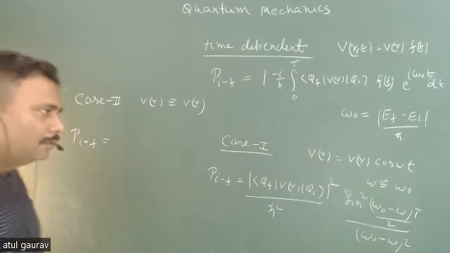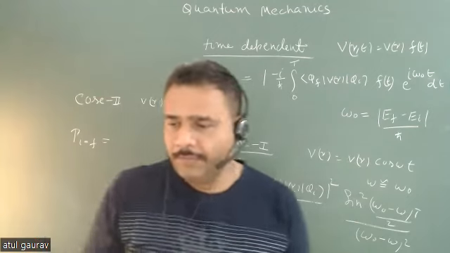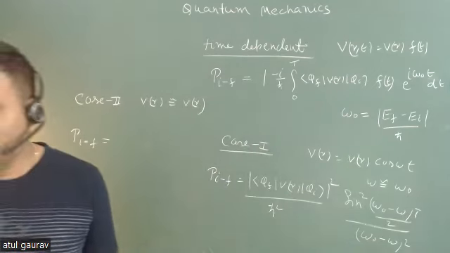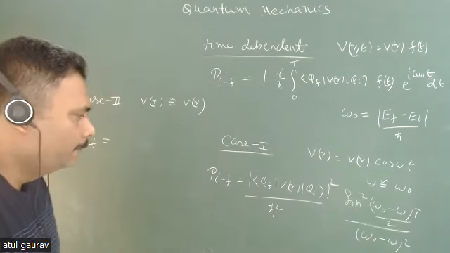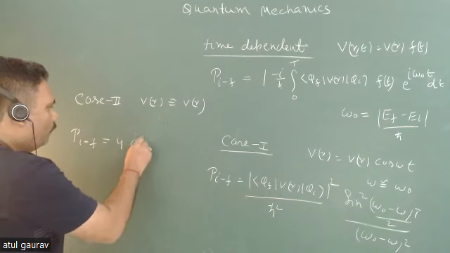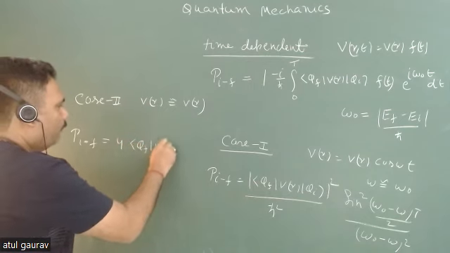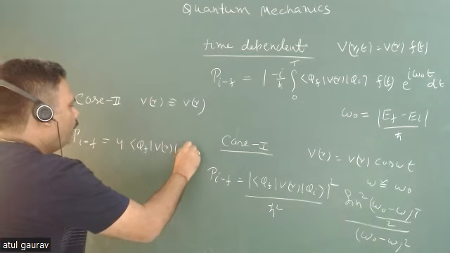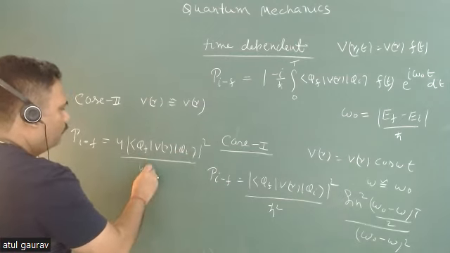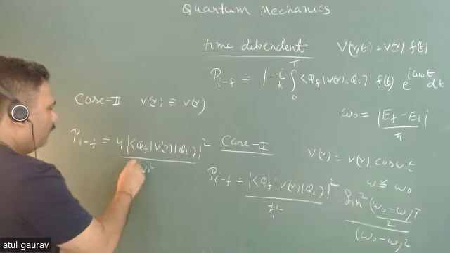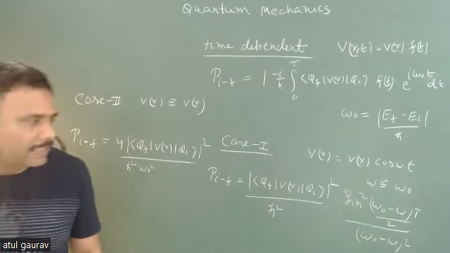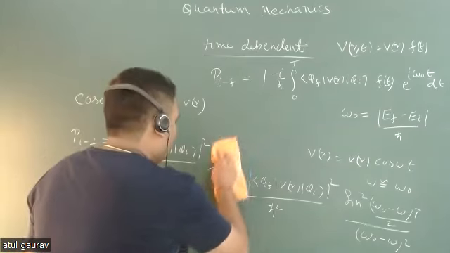We did this just 10 to 15 days ago, isn't it? What is this particular thing? 4 into mod phi f V(r) phi i mod square upon omega naught square h cut square, and then you have sine square of omega naught t by 2.